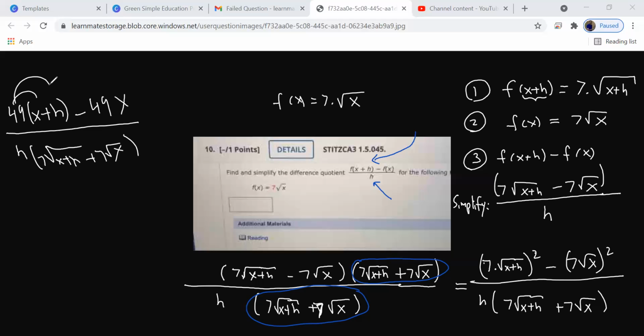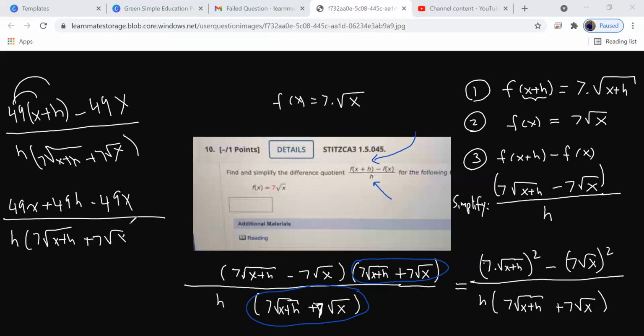Now when you distribute the 49, this is going to be 49x plus 49h minus 49x divided by h times this. But then 49x cancels, and you have 49h left there, and then this h will also cancel. So you'll get 49 over 7 times root x plus h plus 7 times this.